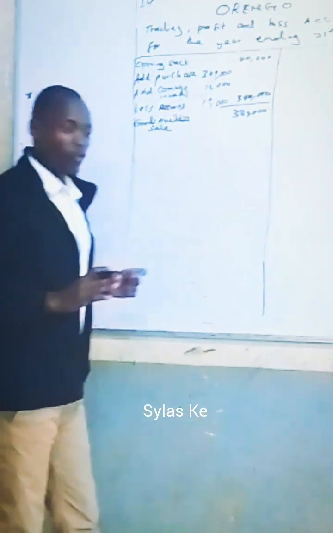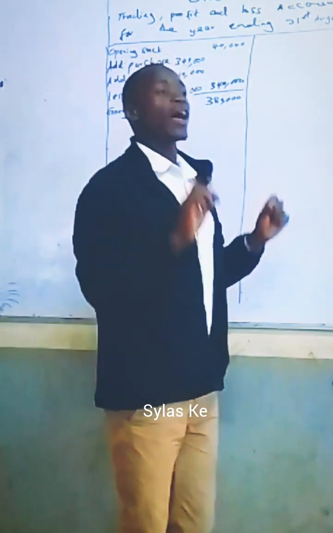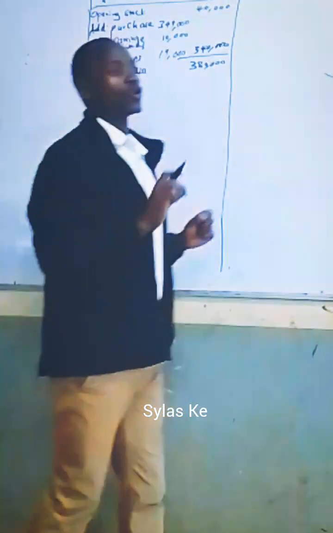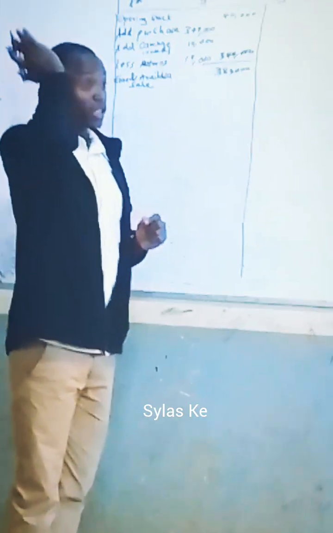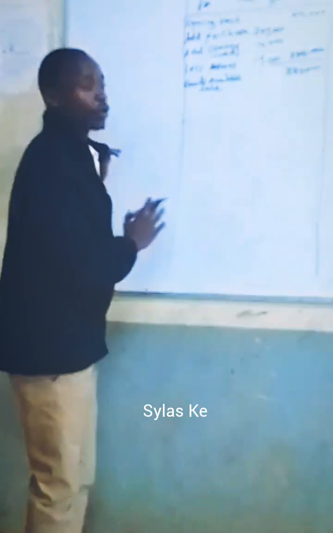We need to find out what we have sold. The cost of what we have sold will be less the additional stock, or what we call closing stock. It is usually given on the last day, or otherwise they will give you the closing stock directly.